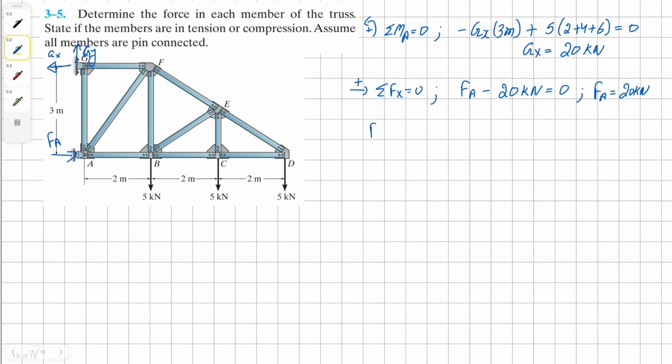Finally, we can sum the forces in y direction using our vertical equilibrium equation to get our value for vertical reaction at G. This is going to be positive Gy, negative 3 times 5, which is 15, all equals to 0. And solving for Gy, we get our solution as 15 kilonewton.